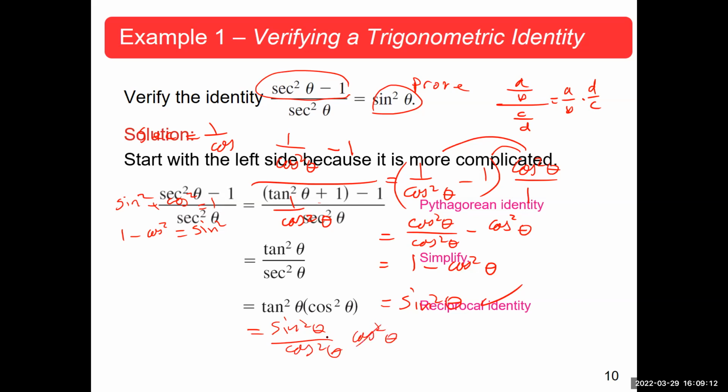Then you cancel the cosine and you get the same answer. So we have 2 ways to do it. Exactly, because you can remember the secant is the inverse of the cosine. But if you look carefully, the other one is easier if you remember the formula.